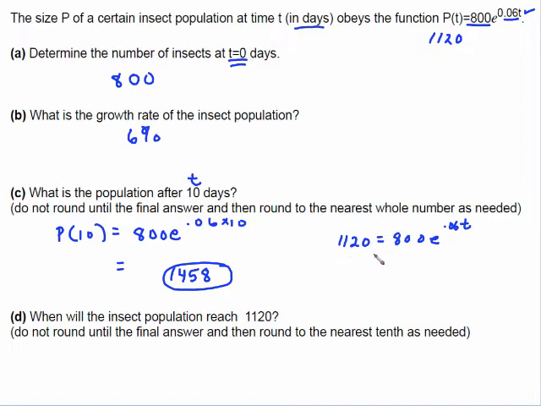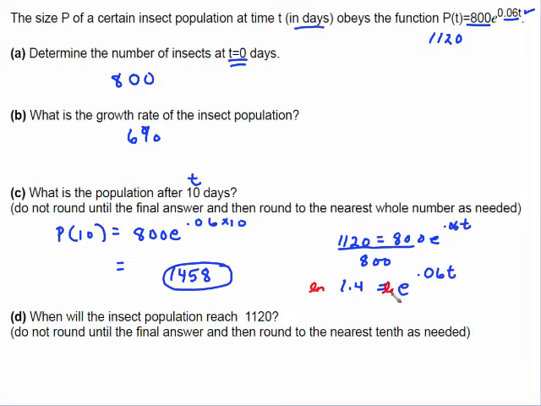We know to solve any type of exponential equation like this, we need to get the exponential part isolated, so we divide both sides by 800. Over here on the right side, it stays e to the 0.06 t, and then 1120 divided by 800 is approximately 1.4. Now 1.4, just leave it on your calculator. To undo this exponential equation, we want to take the natural log of both sides.